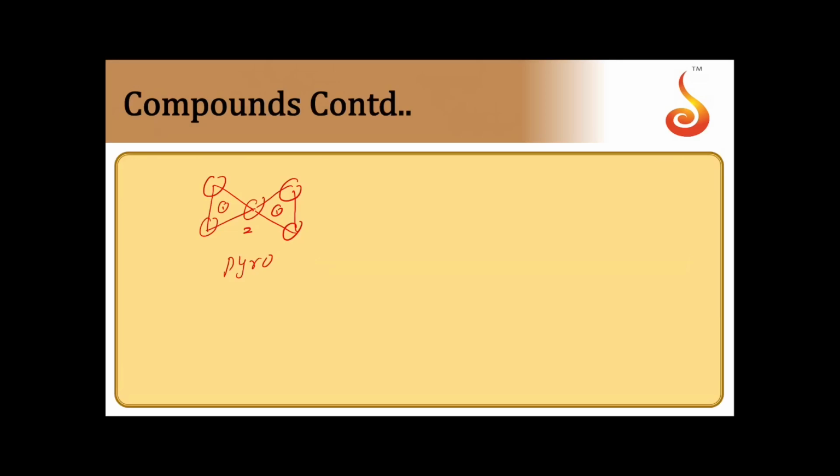The silicon atoms are tetrahedrally bonded, and here we have one common oxygen atom. The remaining oxygens carry a negative charge as they are. So if one atom is shared between two units, it is said to be a pyrosilicate.